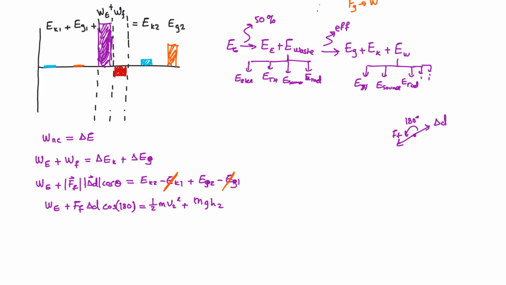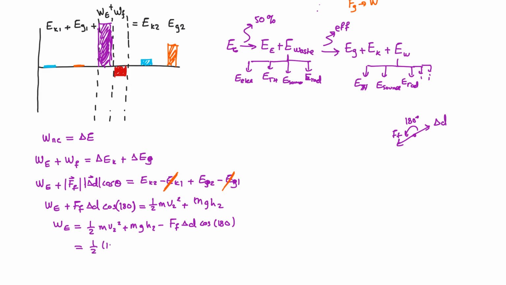And I'm trying to find WE, so I'm going to rearrange for it. It's going to be 1/2 mv2 squared plus mgh2. And I'm going to subtract the force of friction, displacement, and cosine of 180. So I'm subtracting both sides by that work of friction. So this is going to equal 1/2. I'm going to start plugging in my numbers.